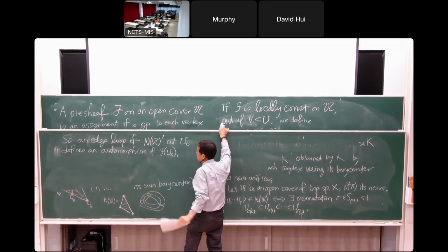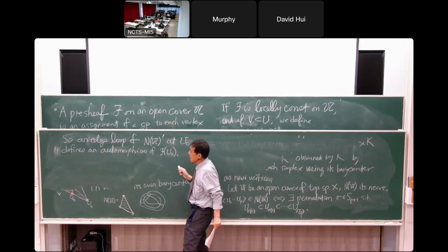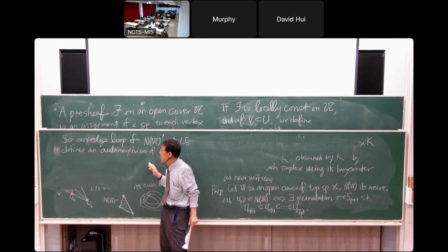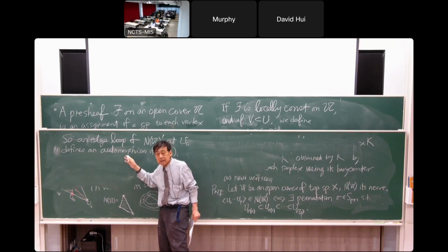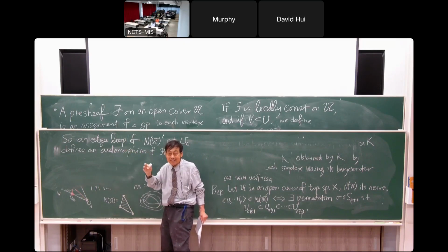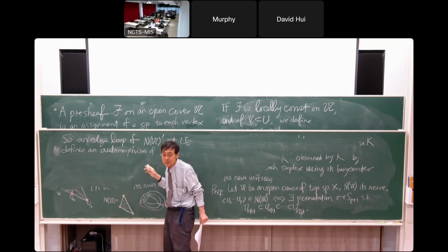And then the theorem is that this automorphism is independent of the loop. Well, let me put it this way: if two loops are equivalent, then you get the same automorphism.